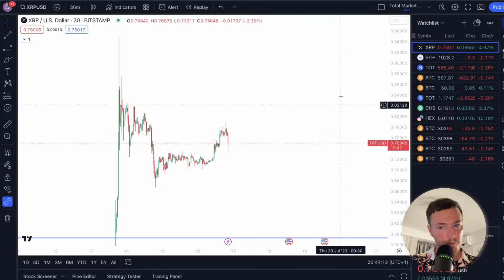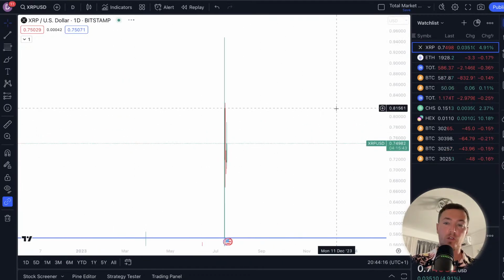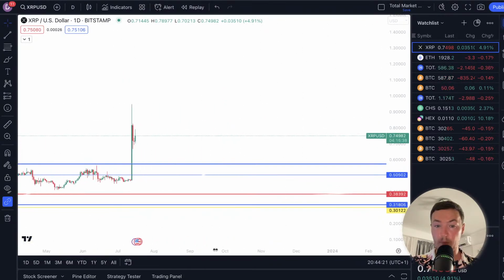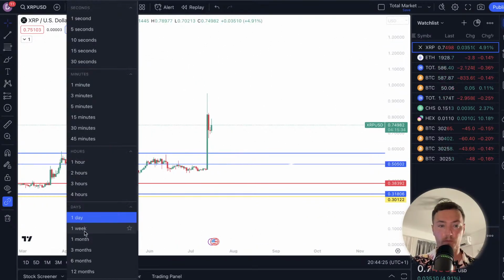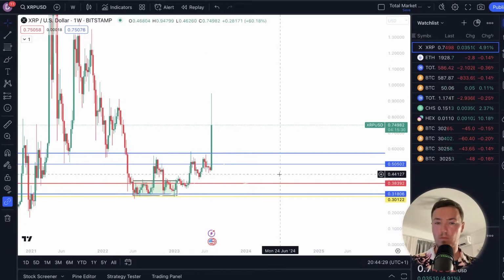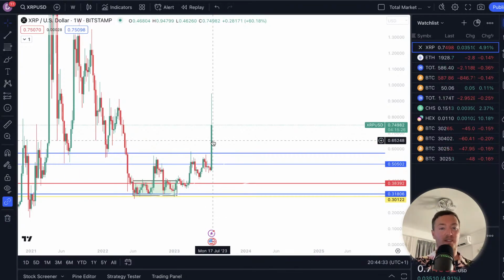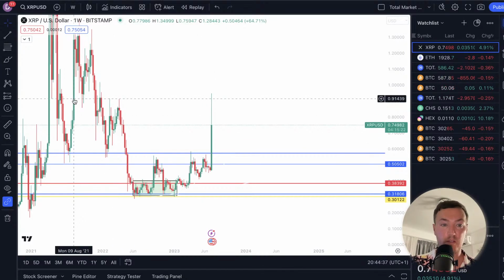So what we're looking for before we round things up is some important weekly candle closures, which will happen tonight. Let's have a look at the weeklies. Look at that Bitcoin weekly. That is the biggest weekly candle since 2021.